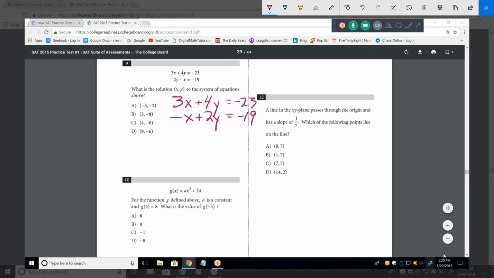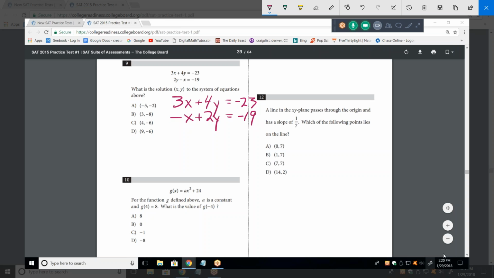What am I going to do in order to eliminate a variable? That's why it's called elimination, because you're trying to eliminate one variable, and then you're going to be able to solve for the second one. Once you solve for the second one, you're going to be able to go back and solve for the first one. So how can I eliminate either x or y?